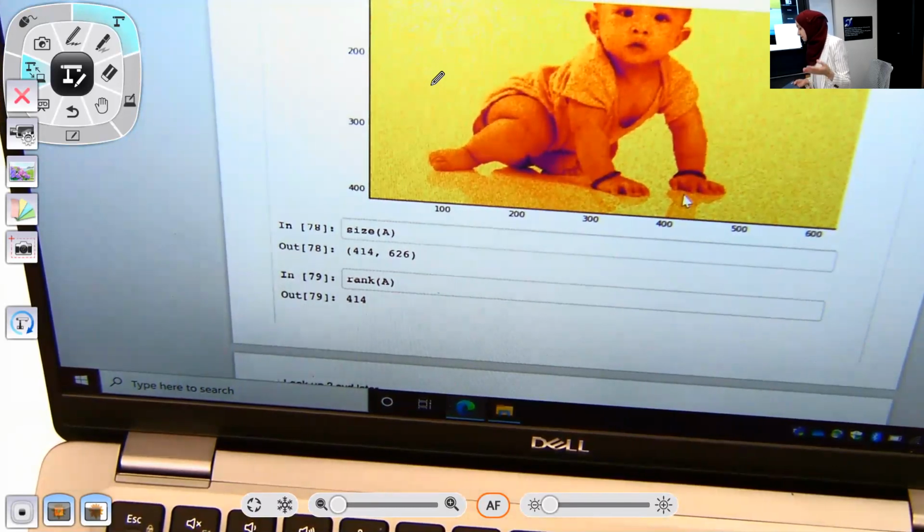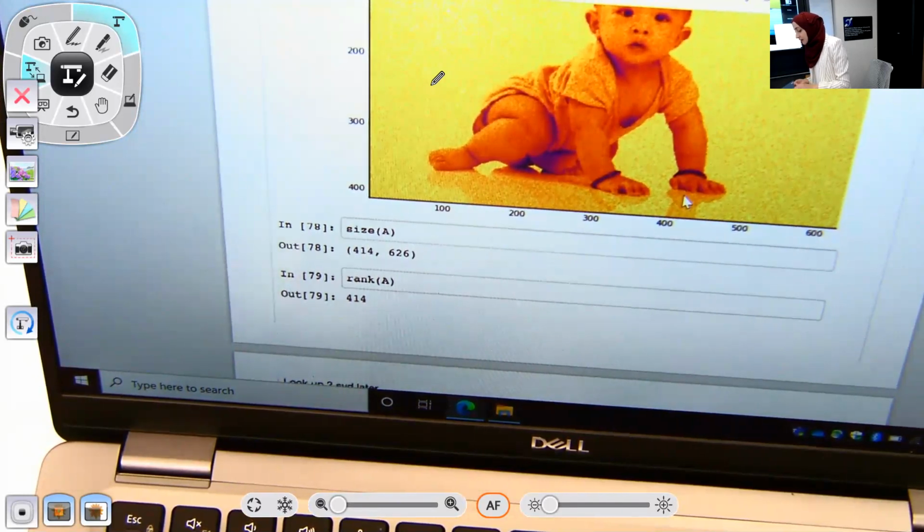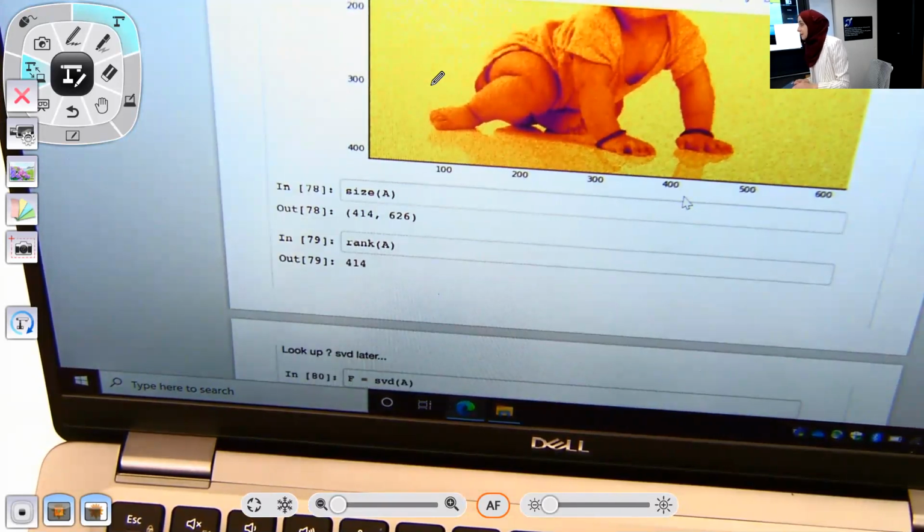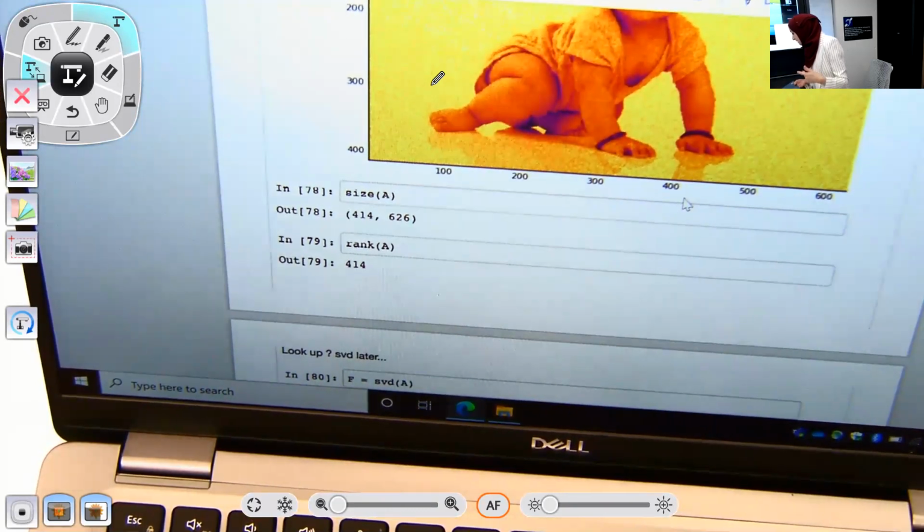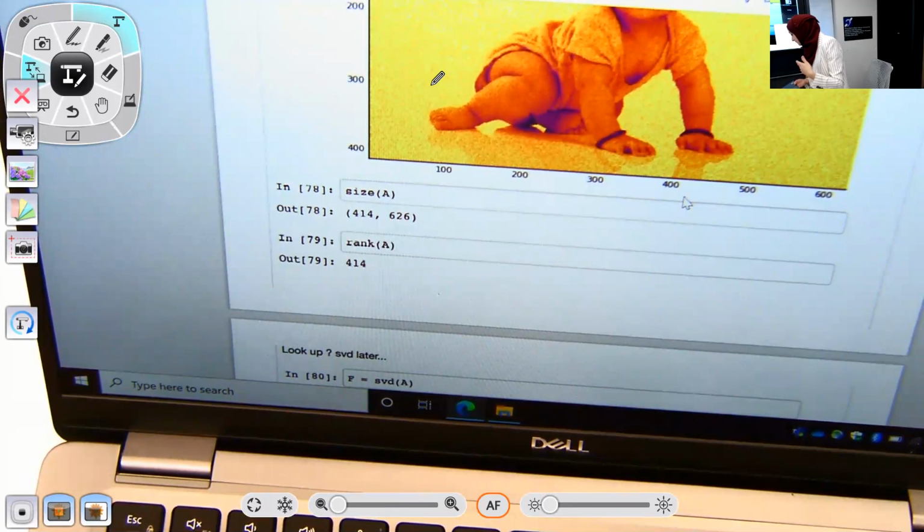The number of rows is 300, and the number of columns is 200. And you need to find the rank of the matrix. Now you need to change the rank. At the beginning, you need to try 1, then 5, then 10, then 15, then 20, then 40, then 80, until 200.